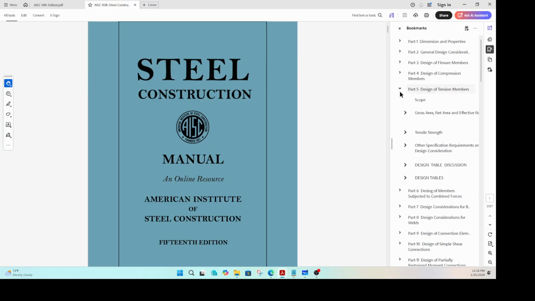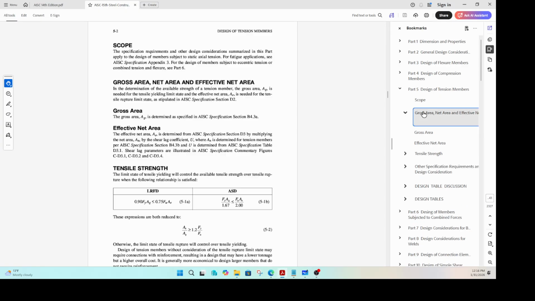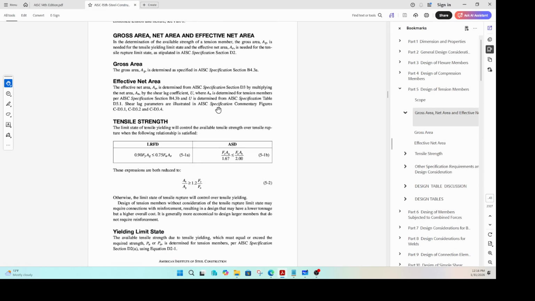I think Part 5 is where the gross and net areas were discussed. If you open Part 5 and go to the gross area section, they don't give you calculations here, but they refer you to a slightly different section, where effective net area is calculated.